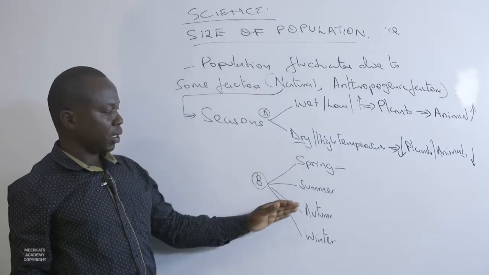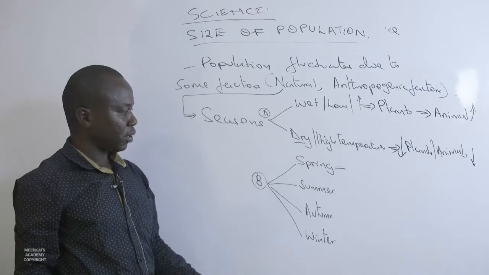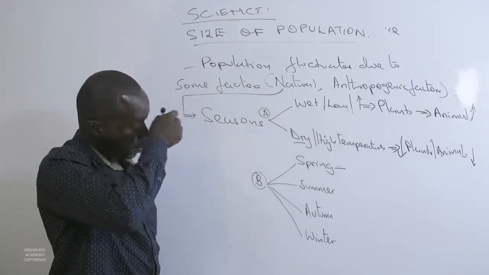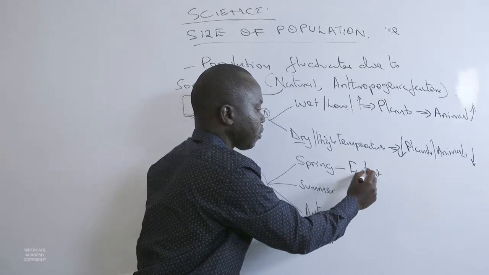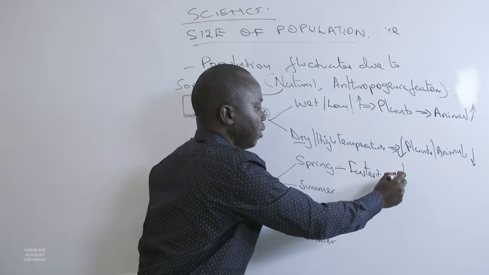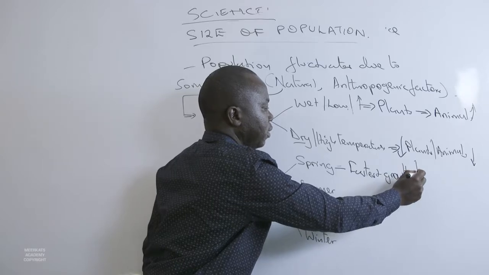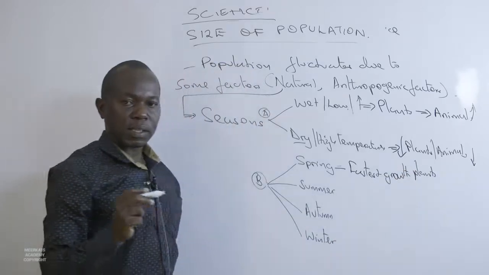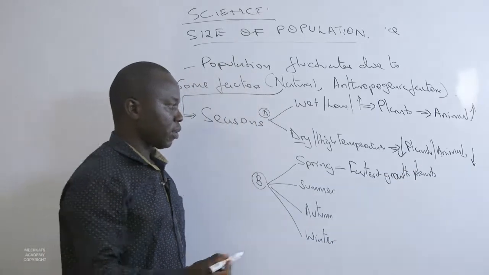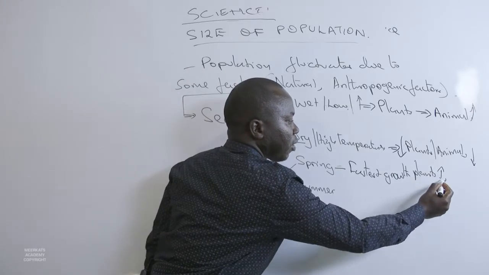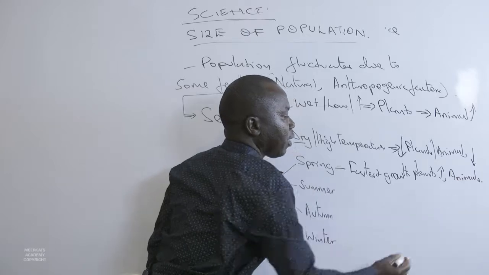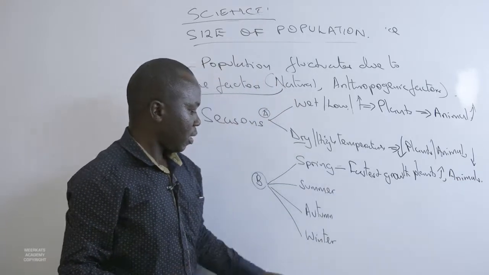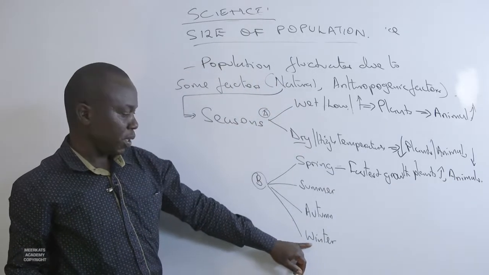Now, if we go to areas that have these four seasons, like in spring, we have the fastest growth of plants. And we have said where there is more plant growth, we expect more animals. And remember, it has just come from winter.